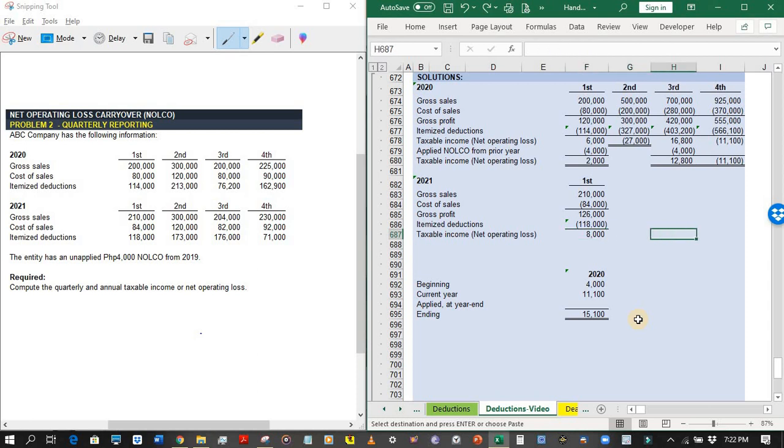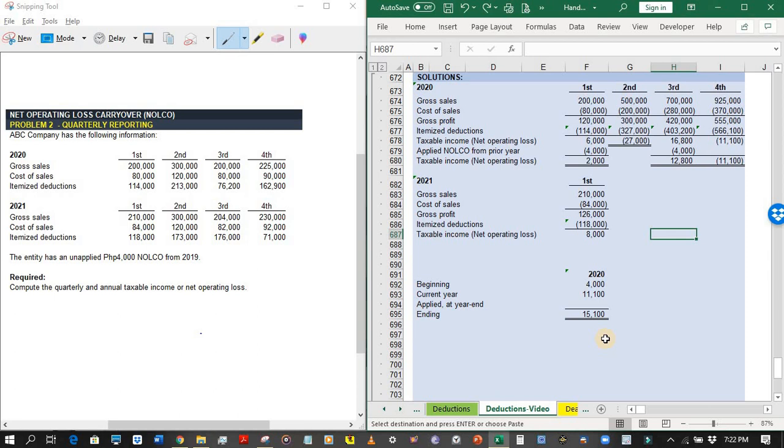Again, since we have a taxable income during the first quarter and NOLCO from the prior period can be applied against taxable income on a quarterly basis, we can deduct the NOLCO. How much NOLCO can we deduct? So our available NOLCO is 15,100 because that is the ending balance in 2020, which means this is the beginning balance for 2021.